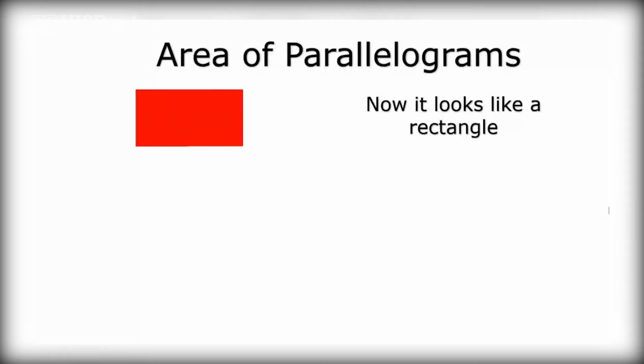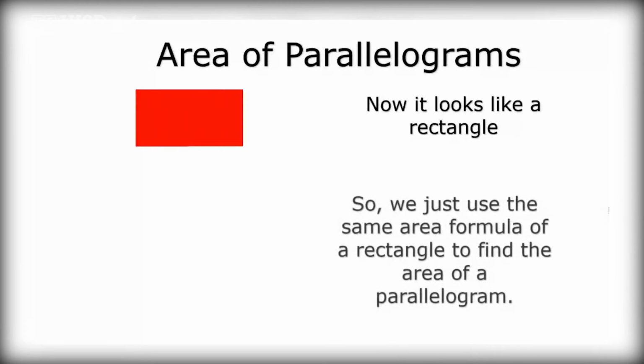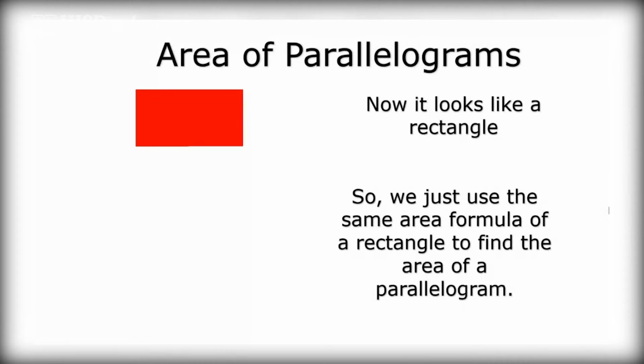What does that mean? Well, that means that the area of the parallelogram can be found by using the formula for the area of a rectangle. In other words, the area of a parallelogram is going to be equal to base times height.